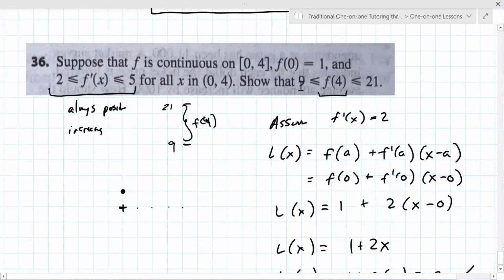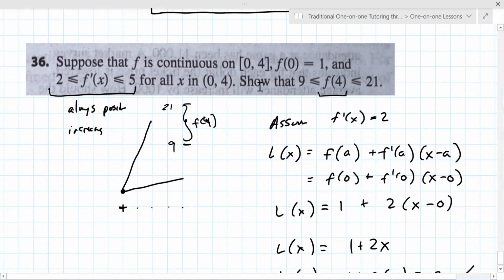Now we do the same thing, but we assume it's the biggest slope that it could be. Basically, we're trying to say, what if it's the smallest that it always is? What is the biggest that it always is? What if it takes off really shallow? What if it takes off really steep?